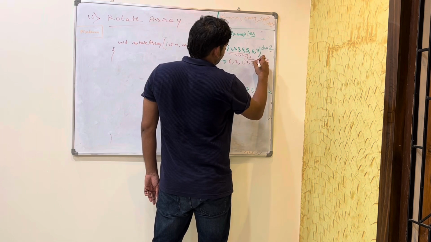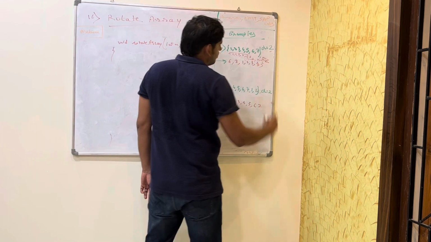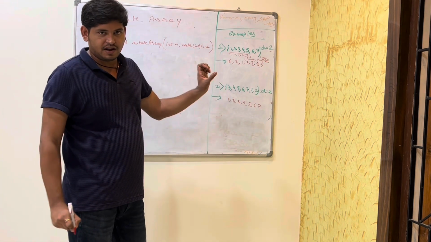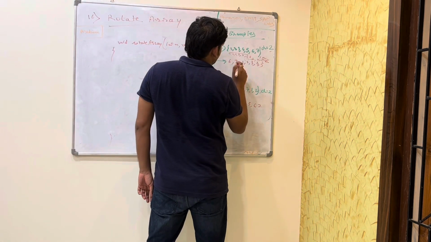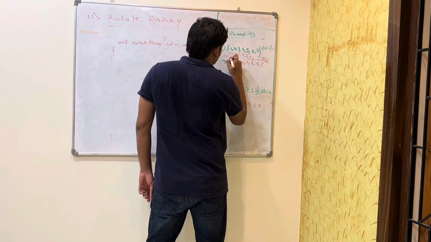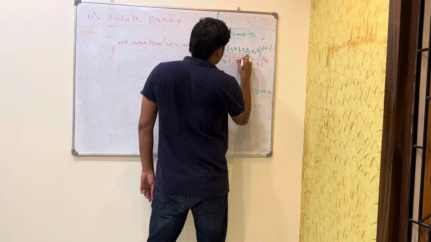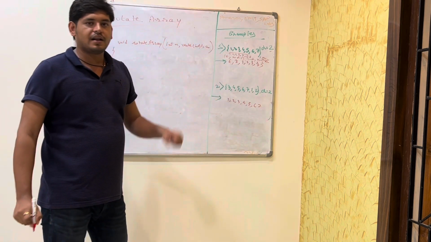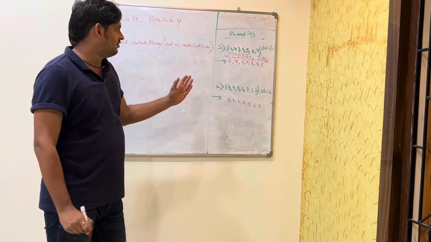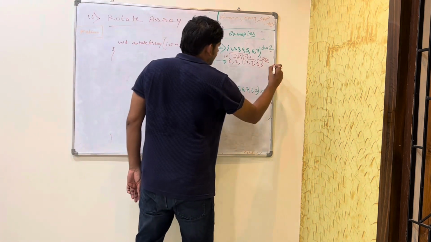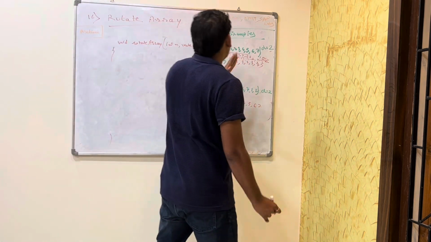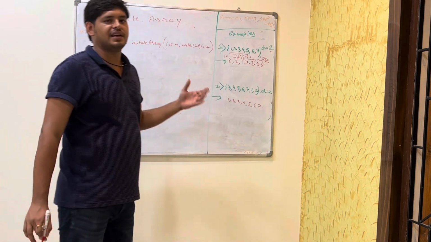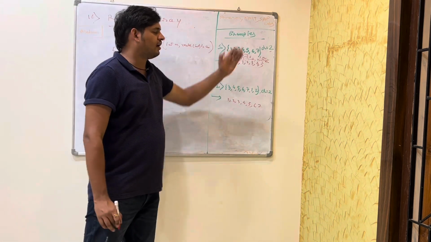So if we store the values from n minus d to n minus 1 in the temporary array at the beginning, and then store the values from 0 to n minus d minus 1, we will get the rotated values in the temporary array. Then we can just copy these rotated values into the original array and return it.